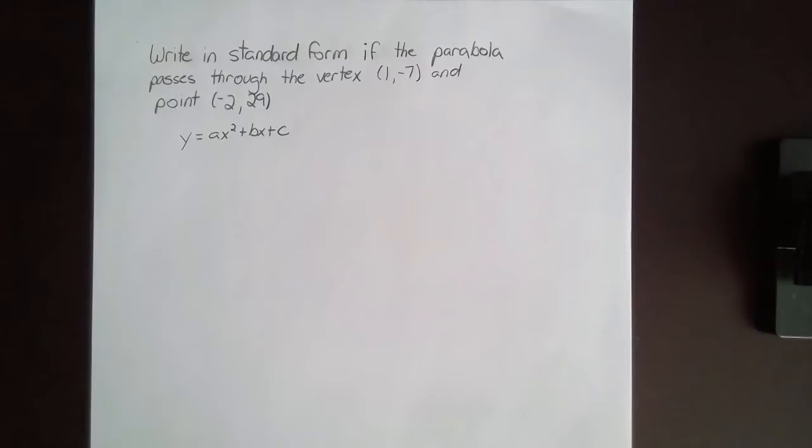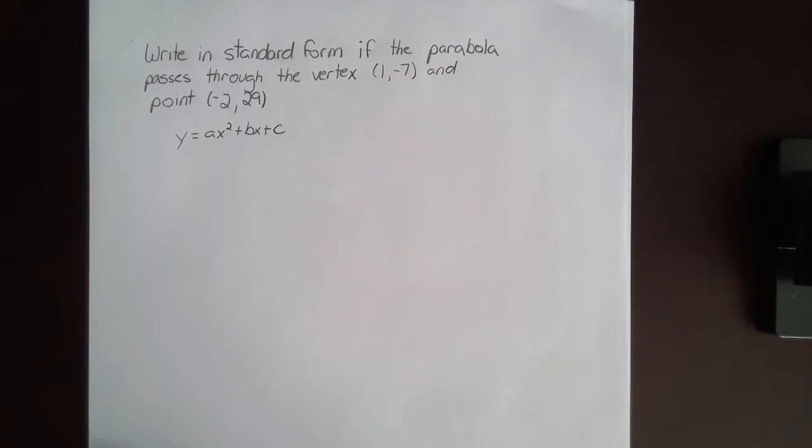Okay, so if we're just given the vertex and a point, we really don't have enough information to just write this information into a standard form equation. So we're going to need to first work with an equation that we're more familiar with using the vertex.